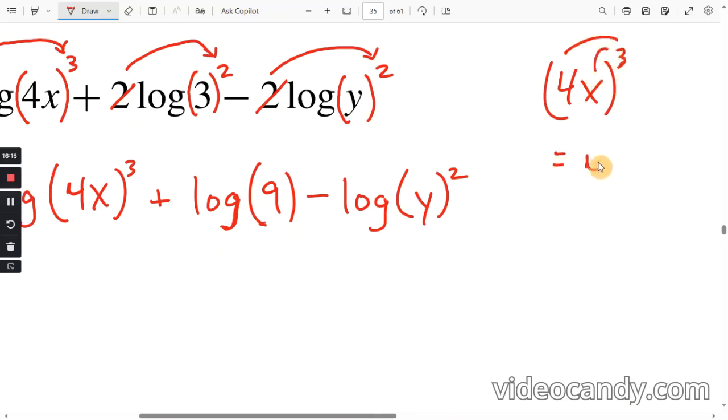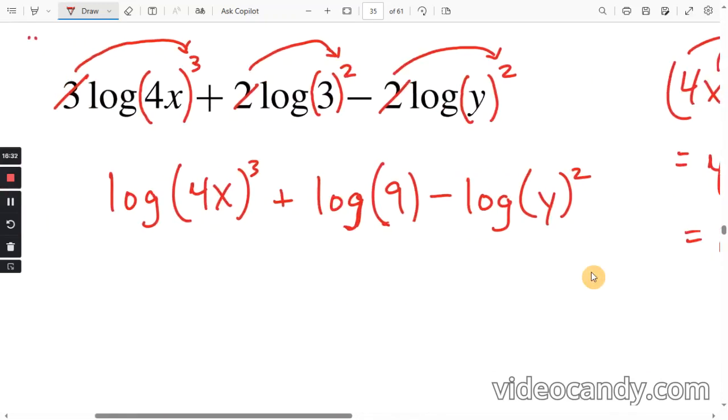Okay, so that's equivalent to 4 to the third times x to the third. And 4 to the third is actually 64. X to the third, we leave that alone. So 4x to the third is equivalent to 64x to the third.